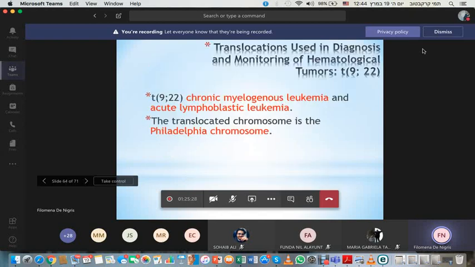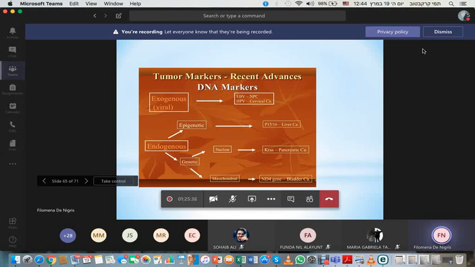Other rearrangements you will probably see in hematology or genetics in more detail. My take-home message on tumor markers: every day we are looking for novel markers for early diagnosis, because everybody knows the best way to win against cancer is prevention.